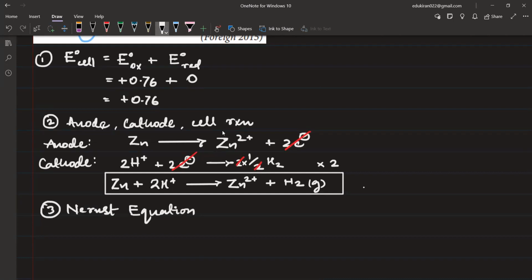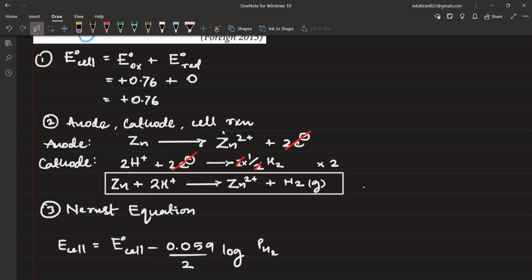In Nernst equation, we write EMF of the cell. The E cell is equal to E naught of cell minus 0.059 divided by 2, as we are using 2 electrons, into log of. Here on the product side, we have the hydrogen also.